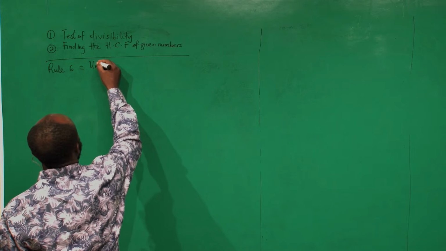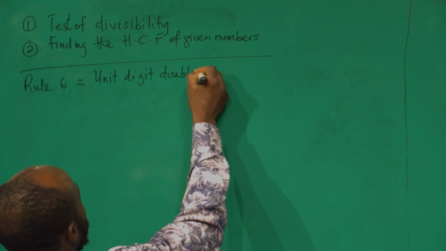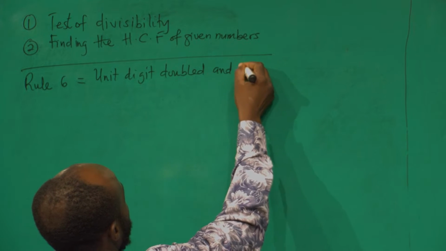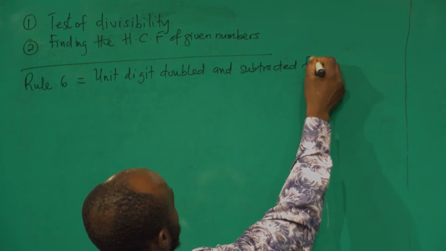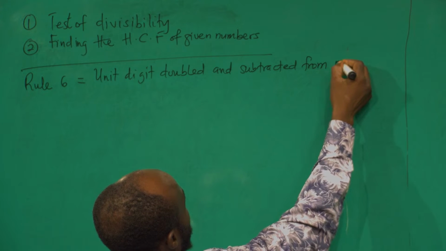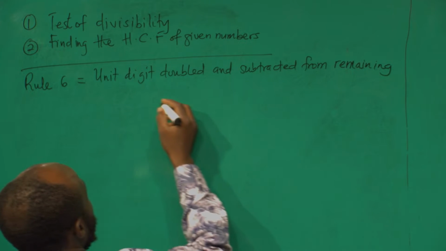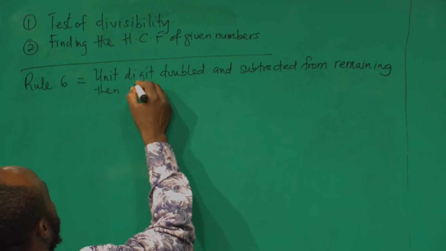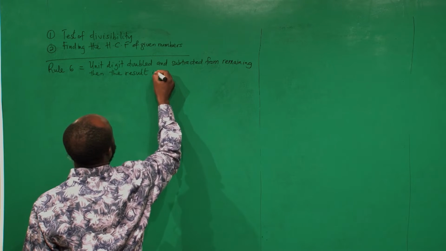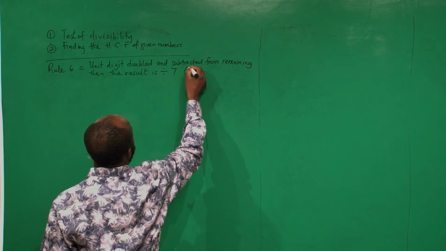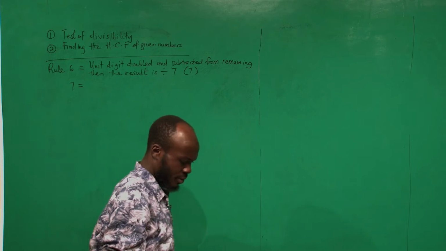The unit digit doubled and subtracted from the remaining, then the result is divisible. That is for 7. Rule 7.